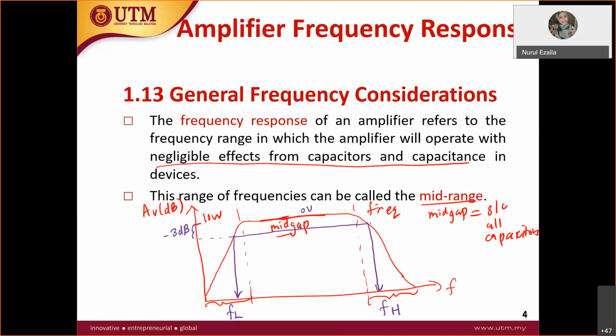Whatever the value over here, you must drop by 3 dB in order to get the low cut-off frequency and the high cut-off frequency. The purple color here is the cut-off frequency, at low and high.